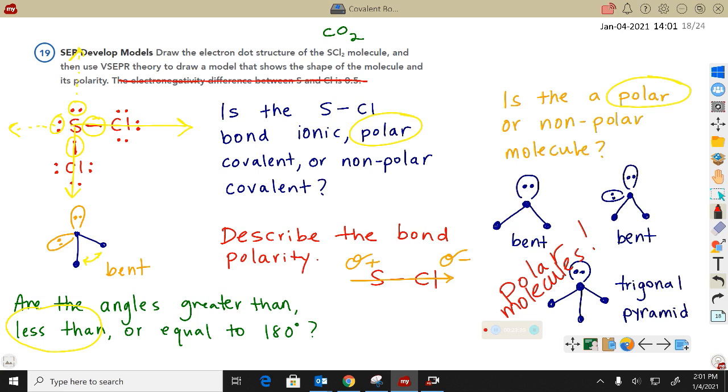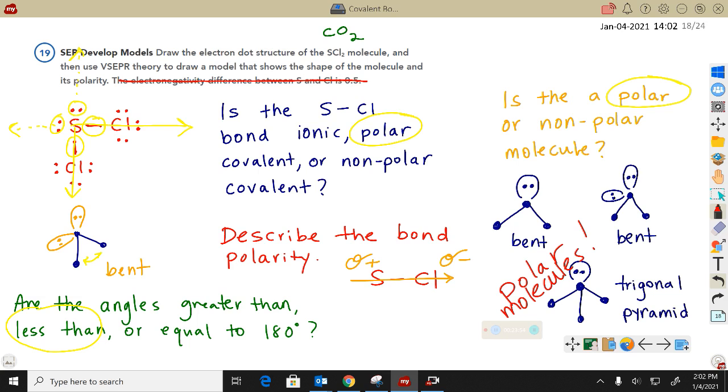molecule. Whenever you have lone pairs on the central atom, it represents a spot where you could have another bond and you don't. And so what you're left with is an arrangement that does not give you equal angles around the center. If I had all 3 atoms, I would have the trigonal planar. If I had all 4 atoms, I would have the tetrahedron.